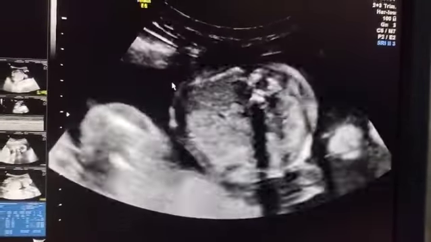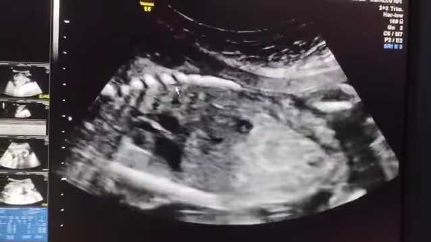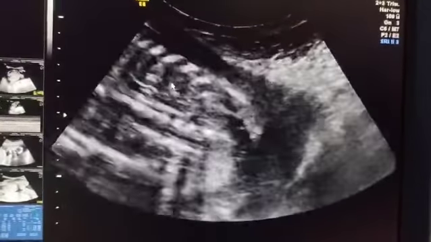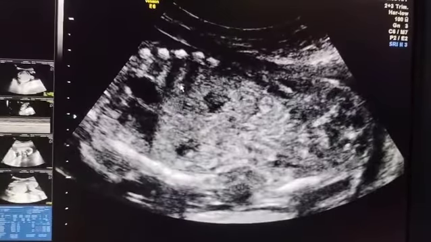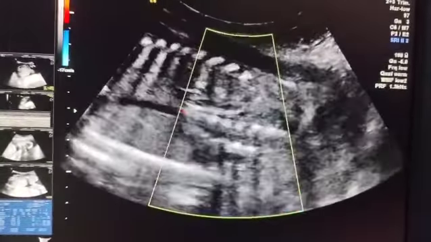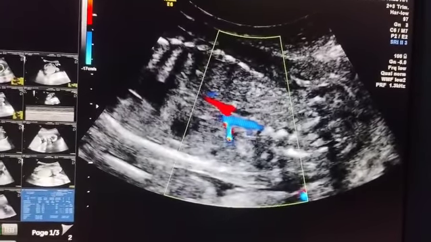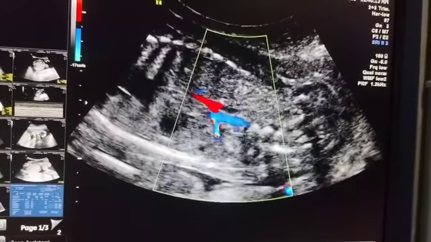And we now try to look at the coronal plane. When we look at the coronal plane, you can see that the renal artery is seen here, whereas on the other side it is not seen.